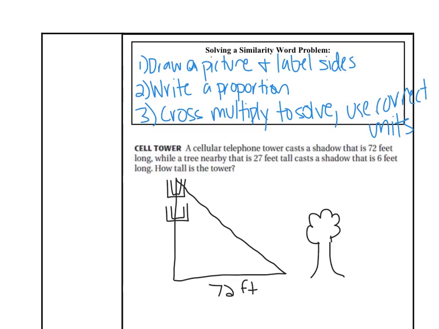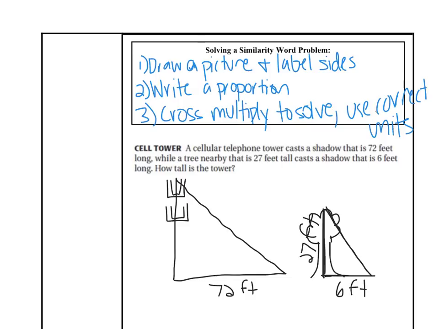And it tells me that this tree is 27 feet tall, so if I put a line from the top to the bottom of this tree, it would be 27 feet. And this tree's shadow is only 6 feet long. 6 feet for this tree. And again, I want to make this into a shape, not just two lines, so I'm going to connect it and make a triangle. So here's what I've got.